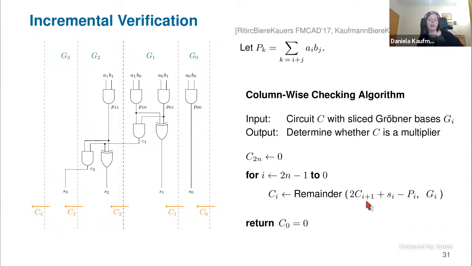So we always add them up to the specification of the next smaller slice. However, the gates themselves, which are in the slices, always form a Gröbner basis, because also if we make the cuts here, we still have this property with the ordering. So we always keep the Gröbner basis property.